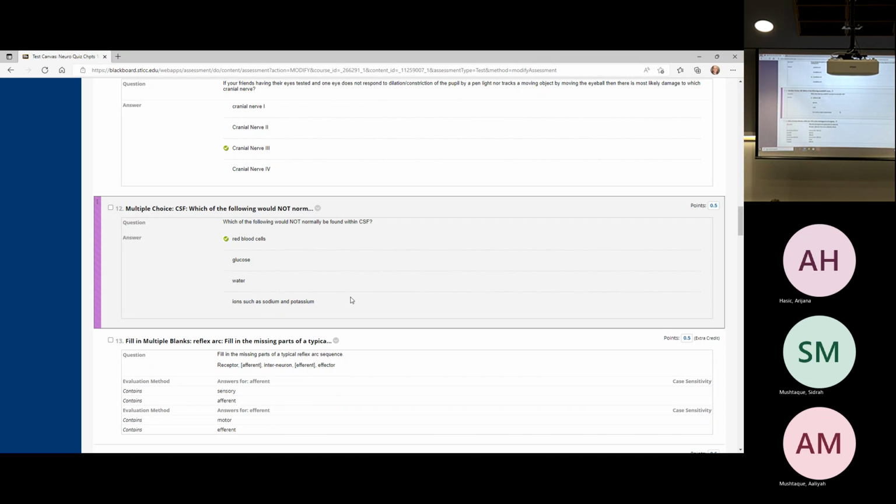So we know that we have the oculomotor, abducens, and trochlear. But trochlear and abducens, do they play a role in dilation, constriction, movement in the eyeball? No, they just play one role with the muscle. So what is then the best answer? Oculomotor. Cranial nerve number 3, which is III.